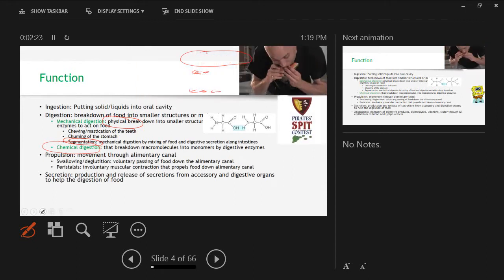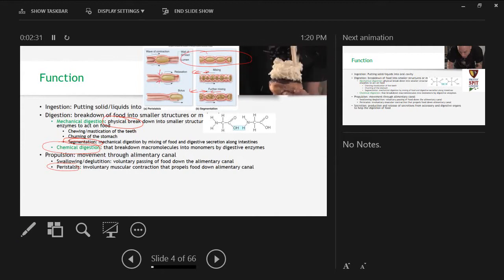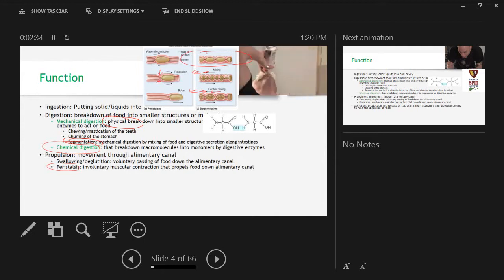Peristalsis, on the other hand, is a little bit different, okay? We have an inner circular layer that's going to contract behind the food, and then there's a longitudinal muscle of the muscularis externa that's going to push it forwards. So you notice how it pushes it forwards this way. The analogy I gave you guys was when you put toothpaste on your toothbrush, right?